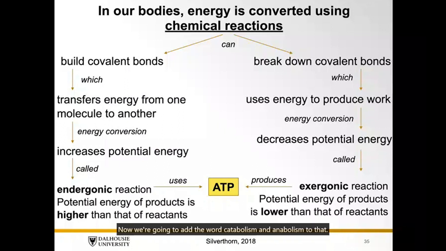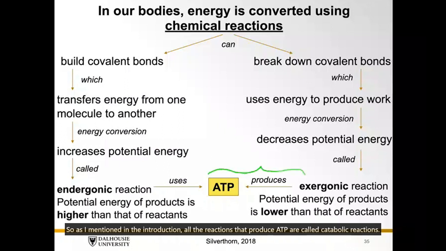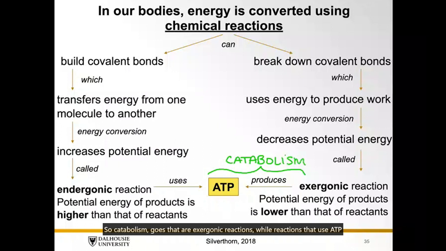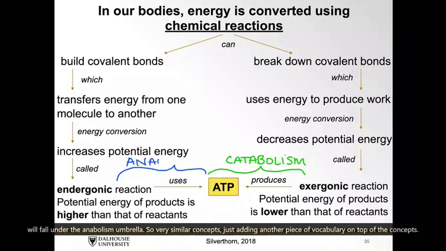Now we're going to add the word catabolism and anabolism to that. So as I mentioned in the introduction, all reactions that produce ATP are called catabolic reactions. So catabolism goes with our exergonic reactions, while reactions that use ATP will fall under the anabolism umbrella.